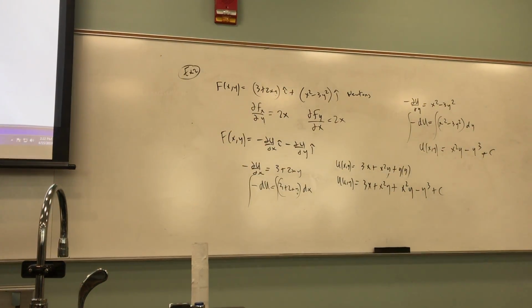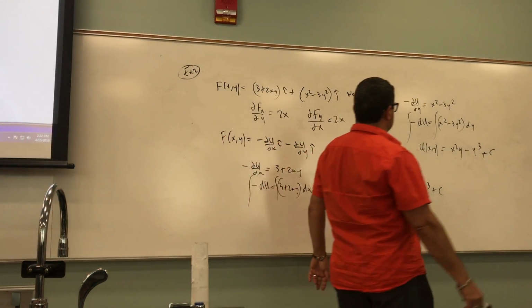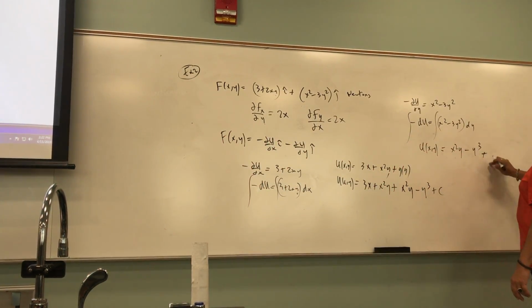And then they're saying, likewise, since F of y is x squared minus 3y squared, f is equal to x squared y minus y cubed plus h of x. Right?